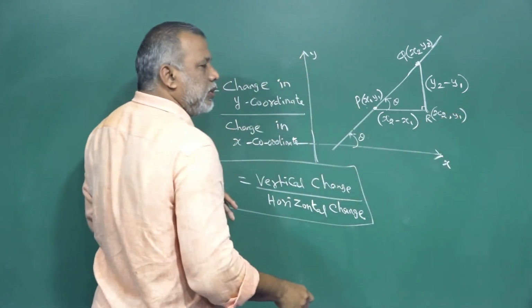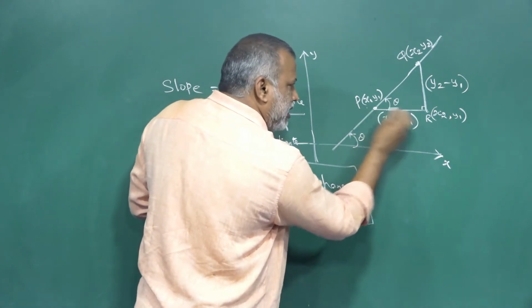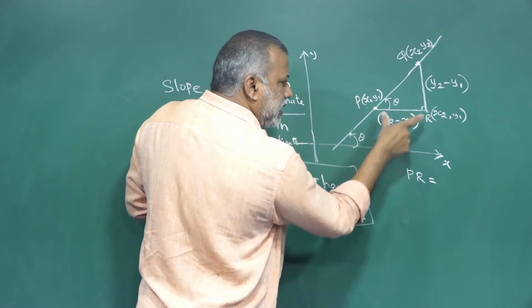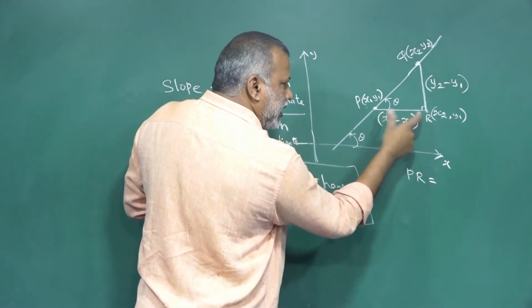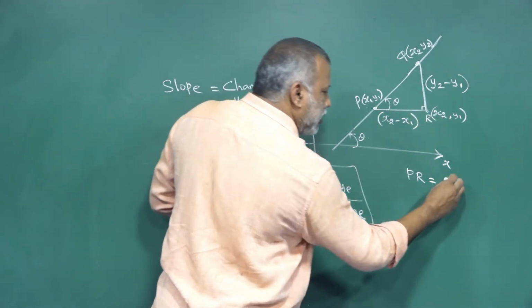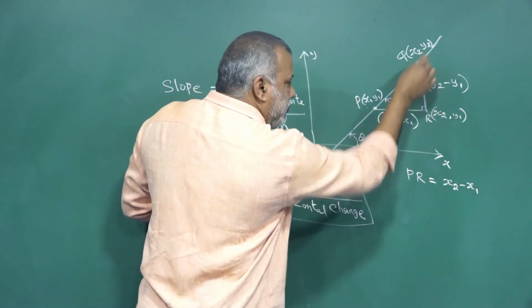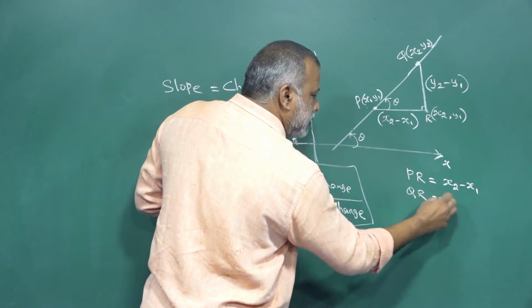What is the value of PR here? From this diagram, PR is the difference between these two x coordinates, that is x2 minus x1. Now what is the value of QR?